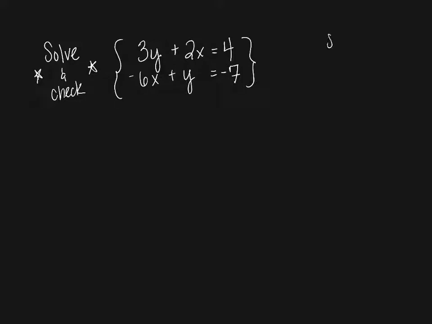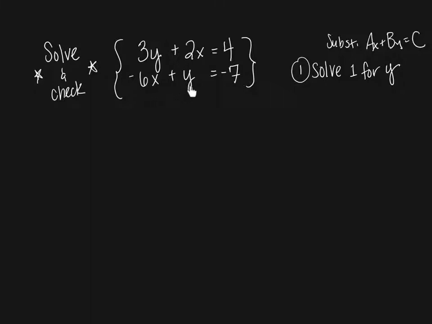So if I want to use substitution, when I have ax plus by equals c, here's a really easy way to do it. What we're going to do is simply solve one of them for y. So which one do I want to end up solving for y? Well, I could do this one, but I've got a coefficient in front of my y, so this one's going to require a little bit more work.